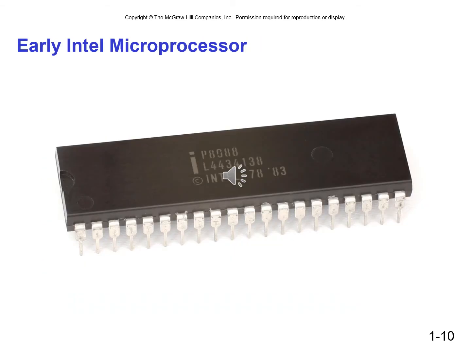Here we have the actual central processing unit, the original 8088. And as you can see on the chip, it was patented in '78 and again in 1983 by Intel Corporation.